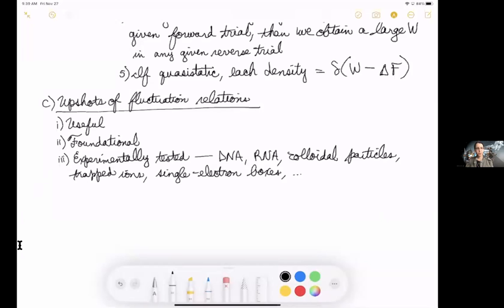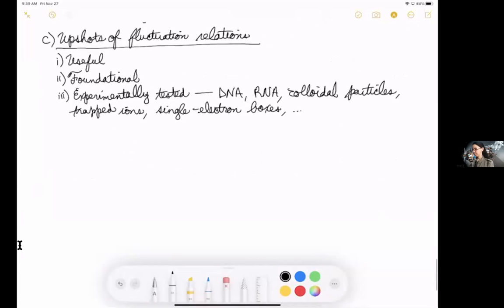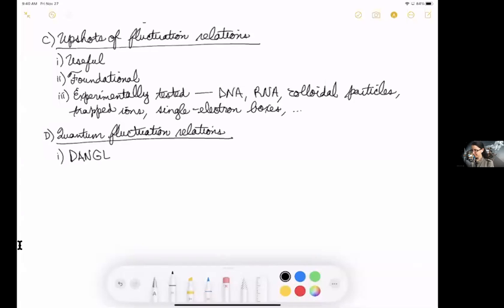Let's move on to quantum fluctuation relations. First of all, we should be aware of the danger that this realm requires us to consider quantum work and heat.